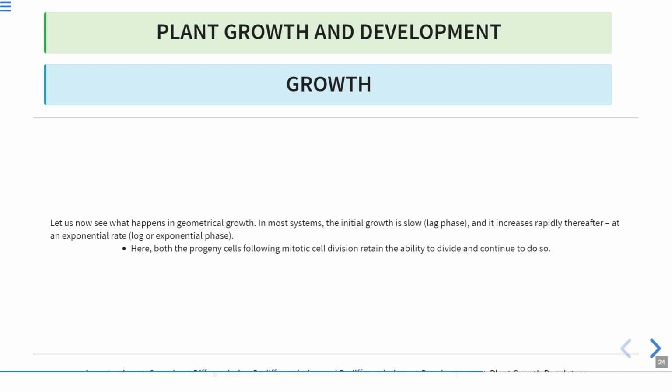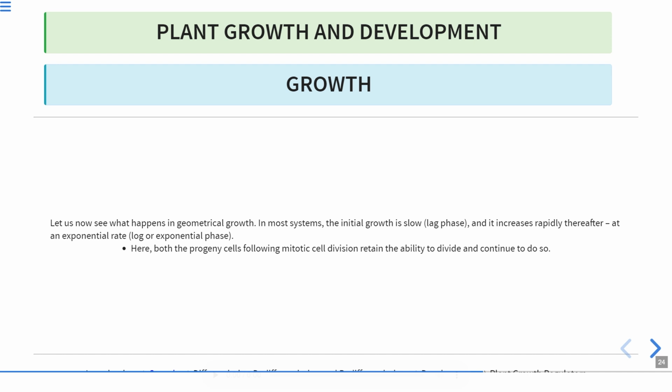This is occurring in the case of geometrical growth. This graph is showing the two phases, that is the lag phase and the exponential or log phase.